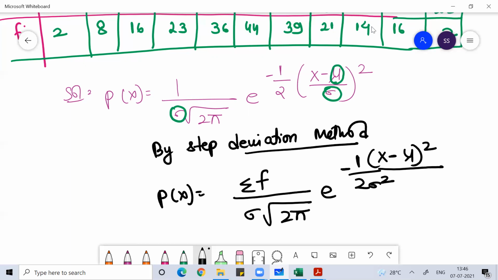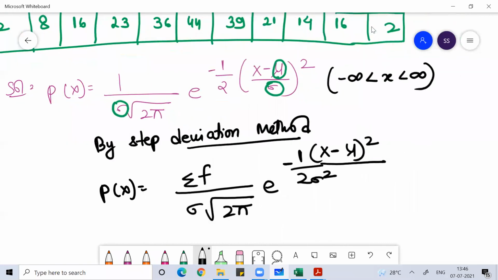So if we use the step deviation method, then we use this formula of probability distribution of a curve under the normal distribution curve, where we know that the value of x is from minus infinity to plus infinity. We know this part very well.